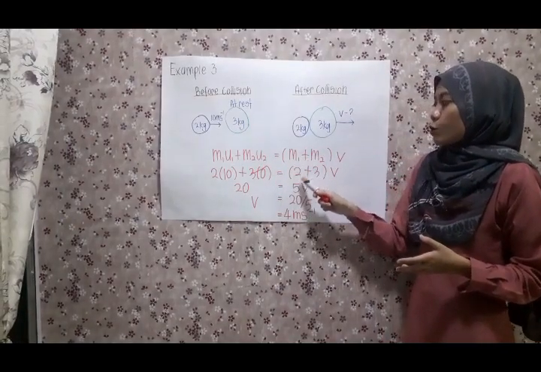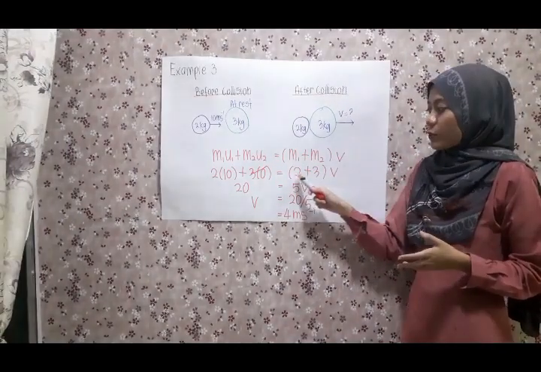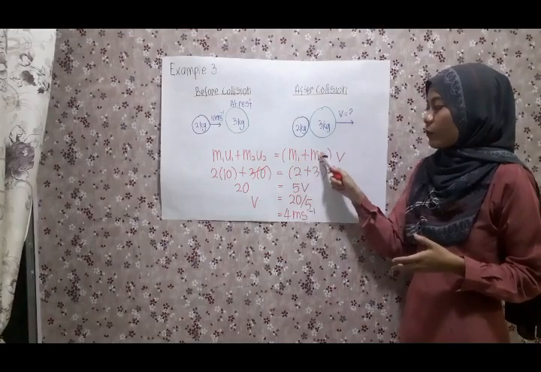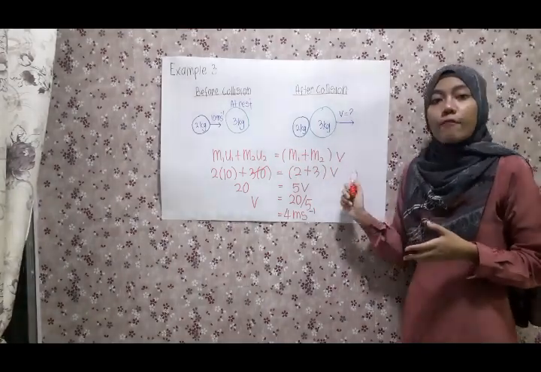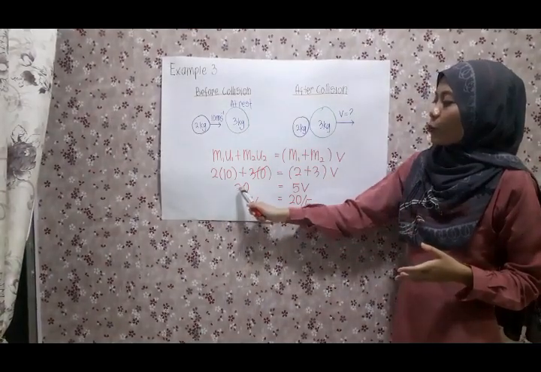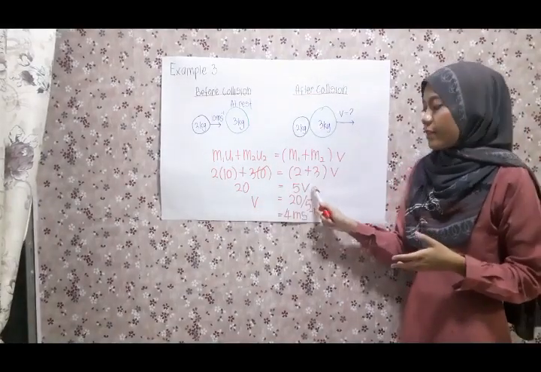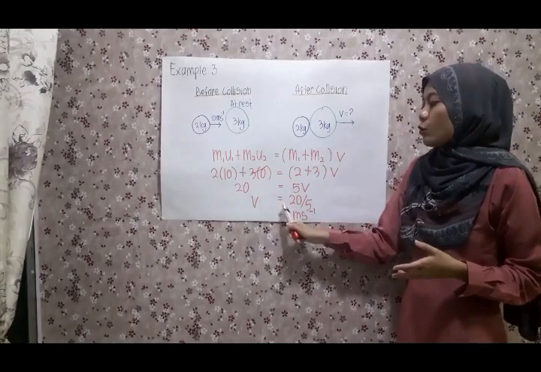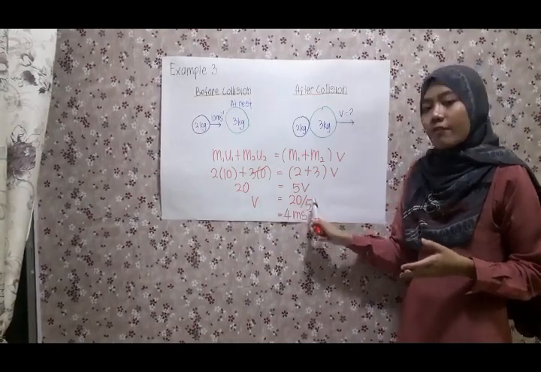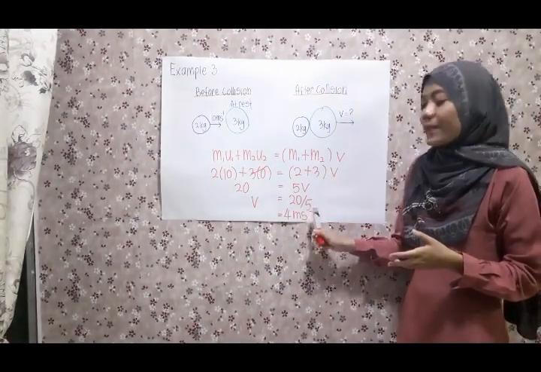This equals 2 kg plus 3 kg times the velocity. So 20 plus 0, which is 20, equals 5v, and v is 20 divided by 5. The final answer is 4 meters per second.